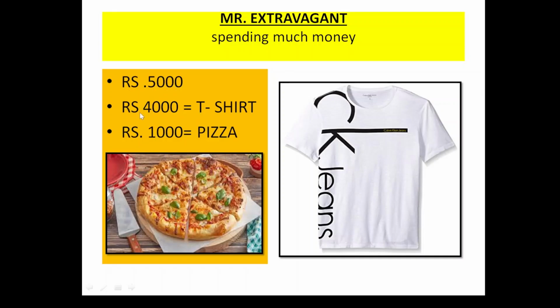He purchased a very expensive t-shirt for rupees 4,000, and he ate a pizza for rupees 1,000. But do you think he made a wise decision? Without the books, without the copies, without the bag, without the uniform, can he go to school? And at the same time, he compromised the groceries for home and the savings of rupees 500.